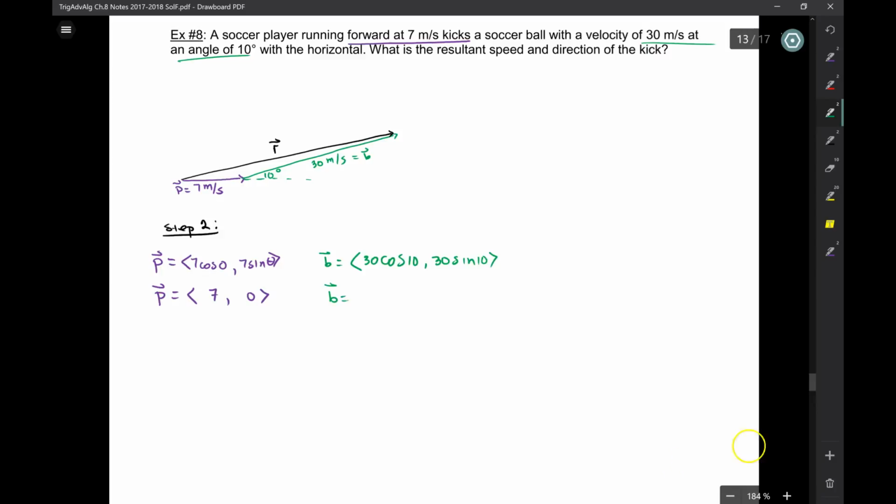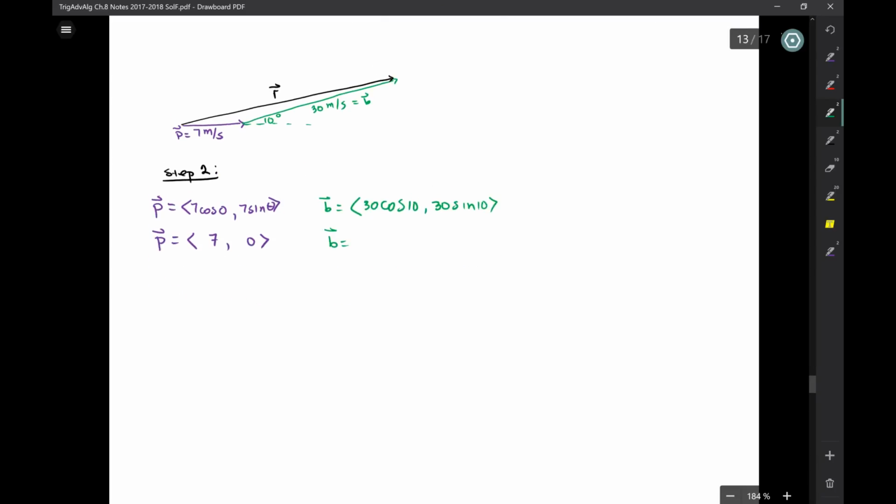And the answers are 29.5 and 5.2. Awesome. Okay, so that's step 2.